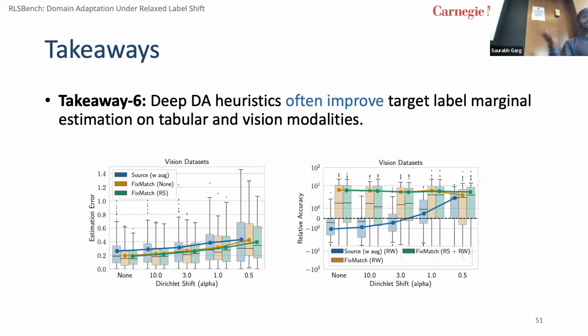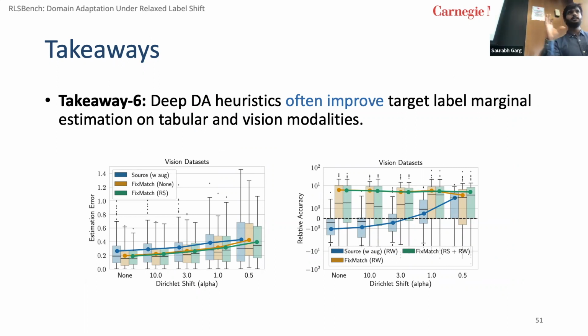Okay. One more interesting observation that we have is what happens if we employ different black box classifiers for these label shift estimation methods. So one can think that we can use source classifiers versus these domain adapted classifiers to get an estimate of target label marginal.